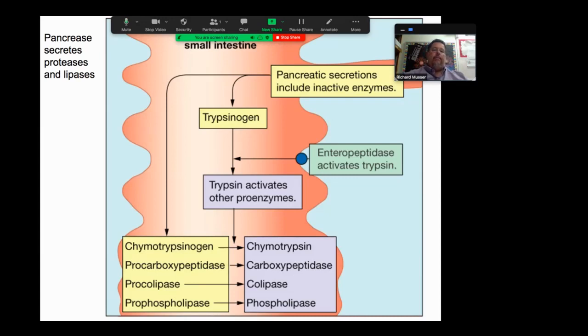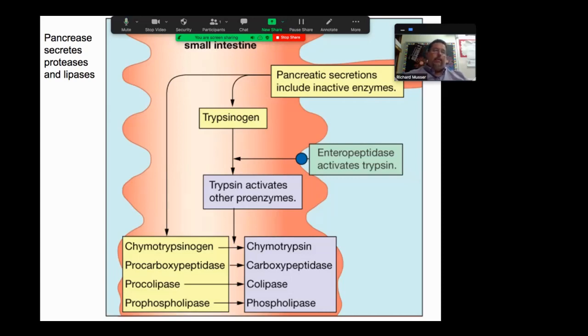Trypsin is a type of protease. Now remember, proteases are enzymes that digest proteins. So trypsinogen is a precursor to trypsin, and the enteropeptidase activates trypsin. That trypsin then can go on to activate other proenzymes.